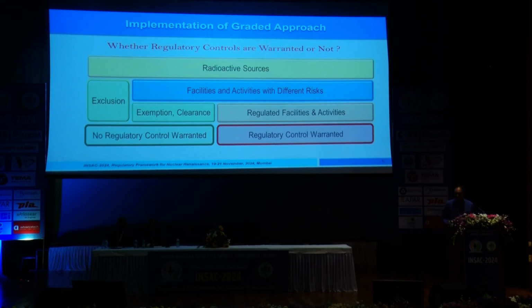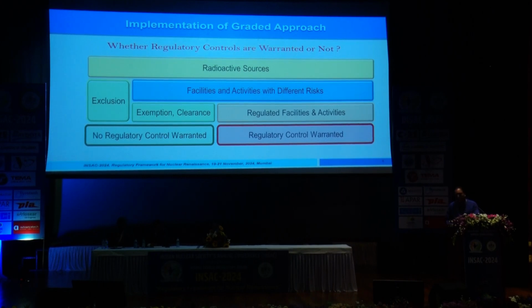So we can exclude them from the regulatory net. Then in some cases, it may happen that these sources don't pose so much risk that we should pay regulatory attention to them. Such things can be exempted or cleared from regulatory control after some time.